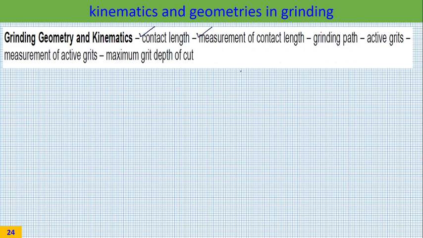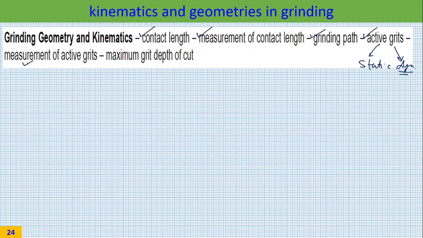So measurement of contact length is also done. Grinding path we have evaluated. What are active grids? Those we have done. From active grids, the concept of static C and dynamic C comes. Why you have a dynamic C, that we have calculated.